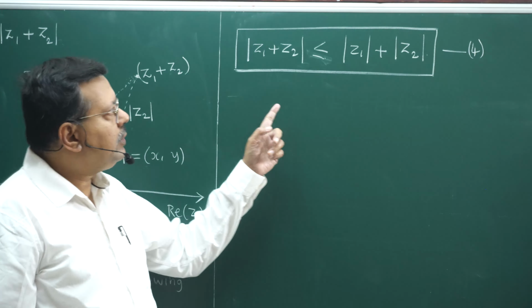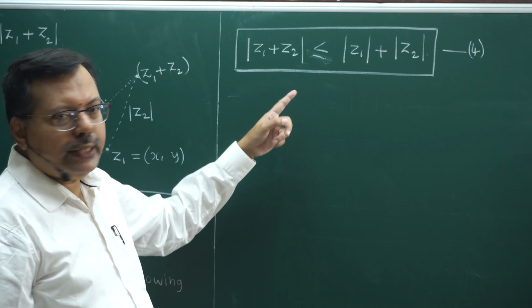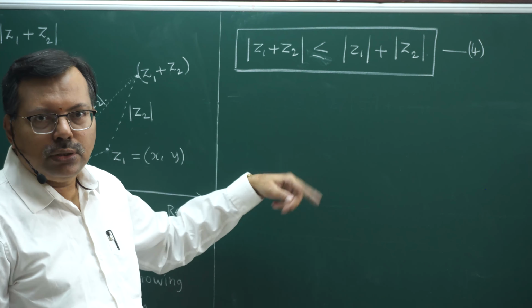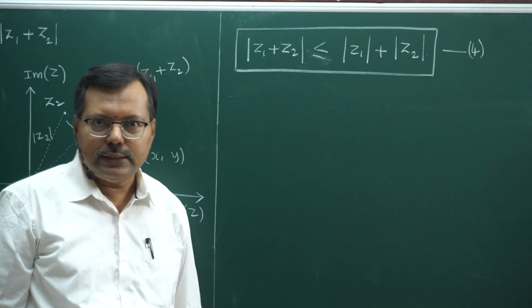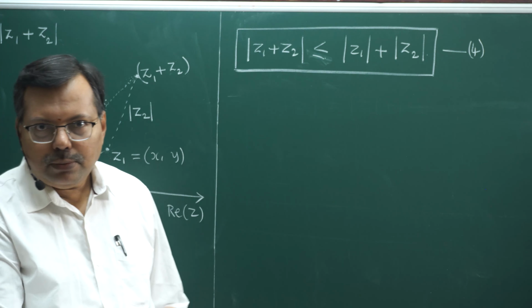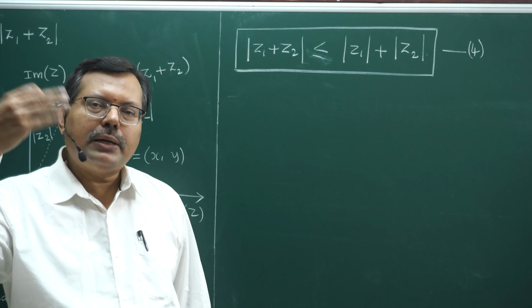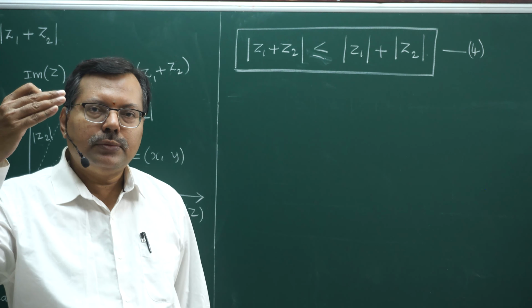Now using this, you can generate some more relations. Why are these kinds of relations important? We started with an example problem: find the upper limit or upper bound. Upper bound means maximum value.